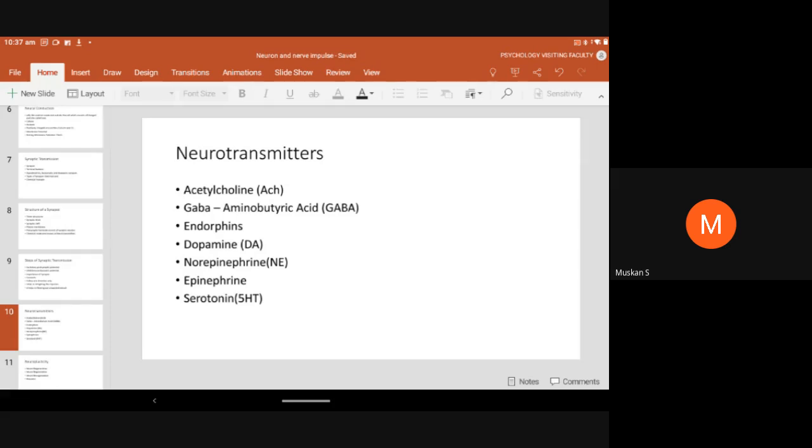Now, this dopamine hypothesis and the role of glutamate in schizophrenia, this is a very, very important part, and you may get some short questions from here: the dopamine hypothesis and what is the role of glutamate in a psychotic disorder like schizophrenia.